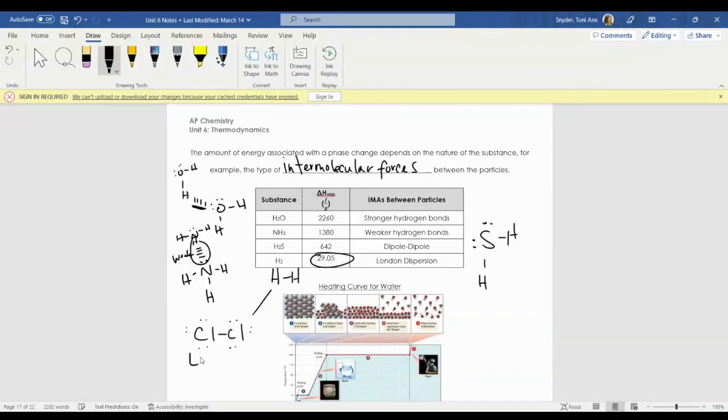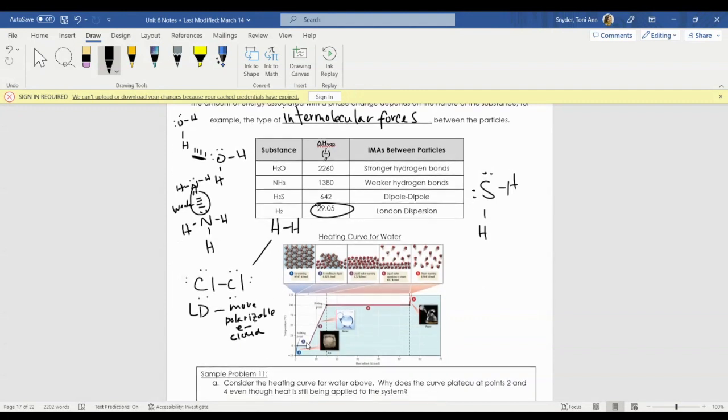Chlorine, even though it's nonpolar, has London dispersion forces, but those London dispersion forces are a little bit stronger than they are for hydrogen. And that's because chlorine has more electrons, which, remember the phrase that we use? What do we say? This has a more polarizable electron cloud. That's because it has more electrons. Diatomic chlorine, one side of this could be more negative than one side of this. That's kind of like a throwback to unit 3.